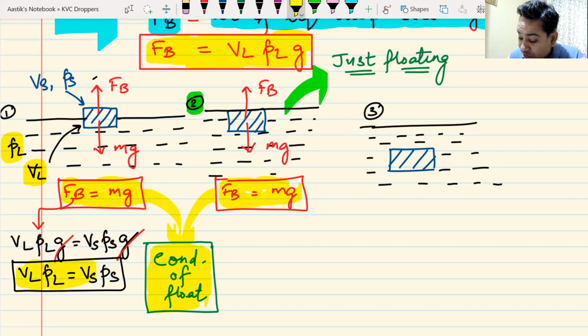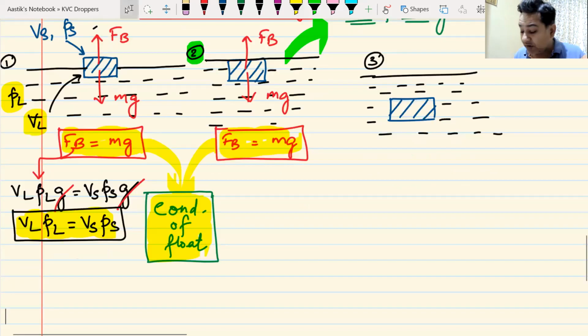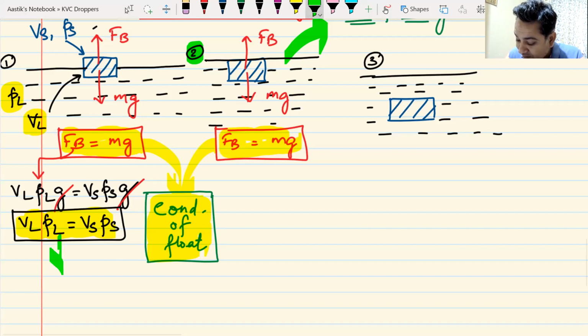Well done. Now we can draw a very good inference from here. I hope everyone is noting it down. What is the inference that I can draw from here?